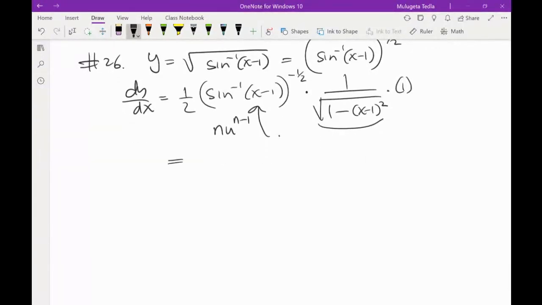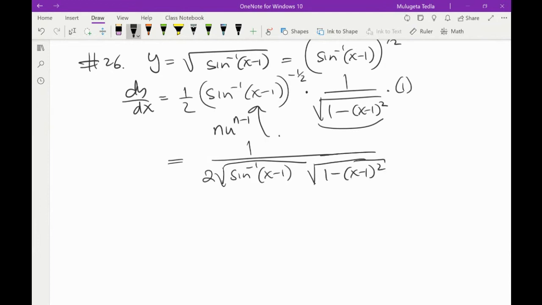So we're done. I have 1 over, all in the denominator, 2 times the square root of sine inverse of (x minus 1), and then the square root of 1 minus (x minus 1) squared. You can FOIL this and have a reduced one: 1 minus (x squared minus 2x plus 1).